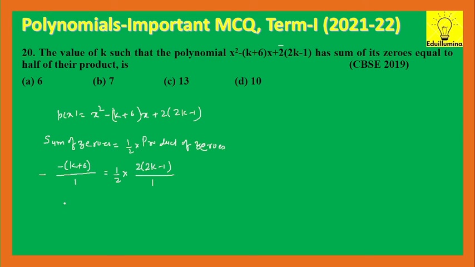So minus minus plus, k plus 6 equal to, here 2 cancels, 2k minus 1, which implies 2k minus k is equal to 6 plus 1, k is equal to 7. So the right option is option B.